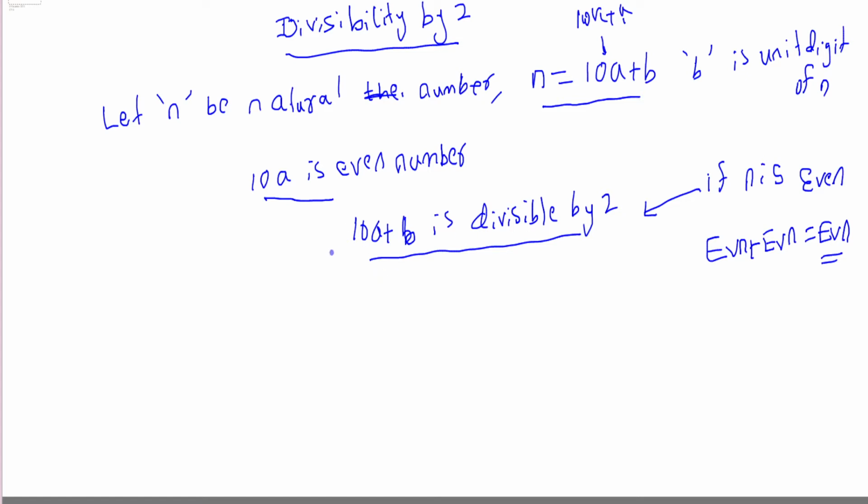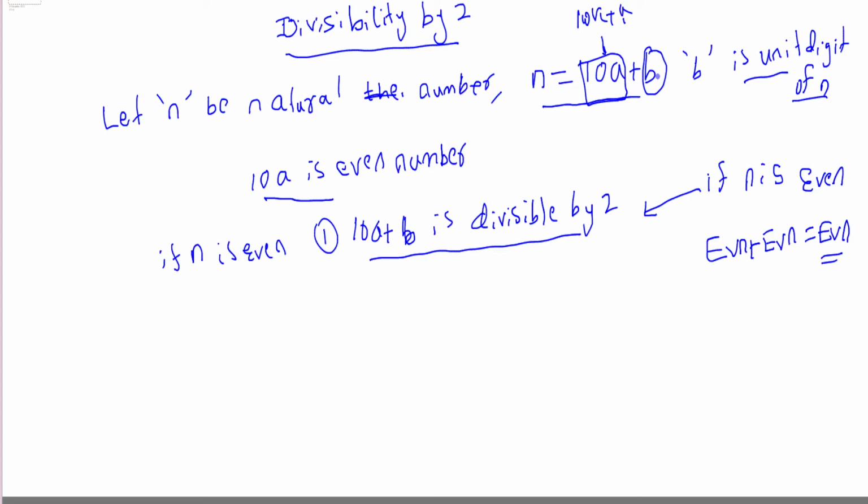This is one case, if n is an even number. Whatever the b digit, we know that n is equal to 10a plus b, where b is the unit digit of n, and 10a is even because it is divisible by 2.